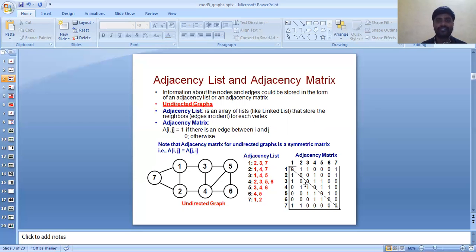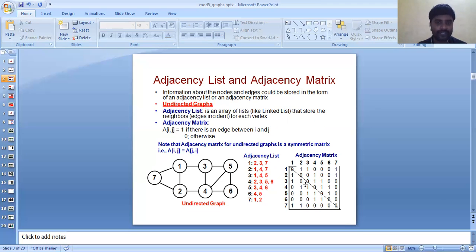For the adjacency matrix, for example, A is the representation in array manner, where A[i][j] equals 1 if there is an edge between i and j, and 0 otherwise. Note that the adjacency matrix for an undirected graph is a symmetric matrix, that is, A[i][j] equals A[j][i].